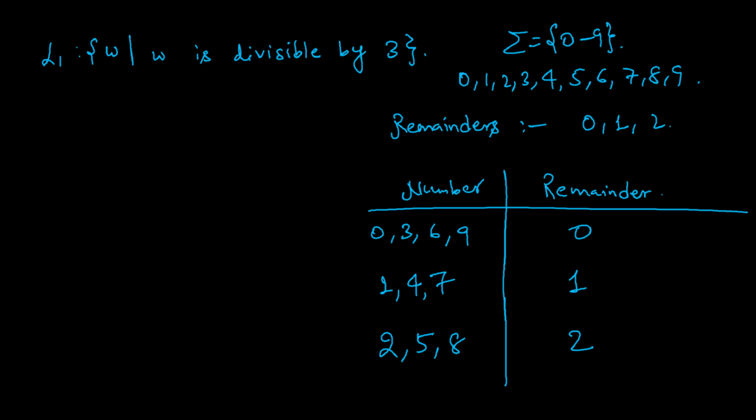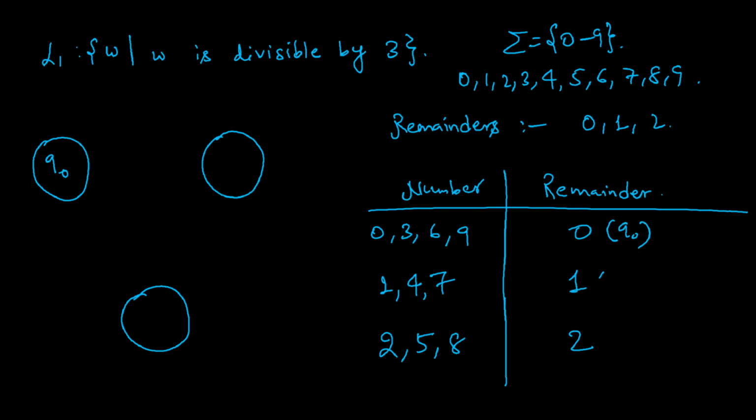So we can represent L1 with a deterministic finite automaton. How? Let's say we have 3 states, such that each state represents what the remainder would be. Q0 represents remainder 0, Q1 represents remainder 1 and Q2 represents remainder 2.